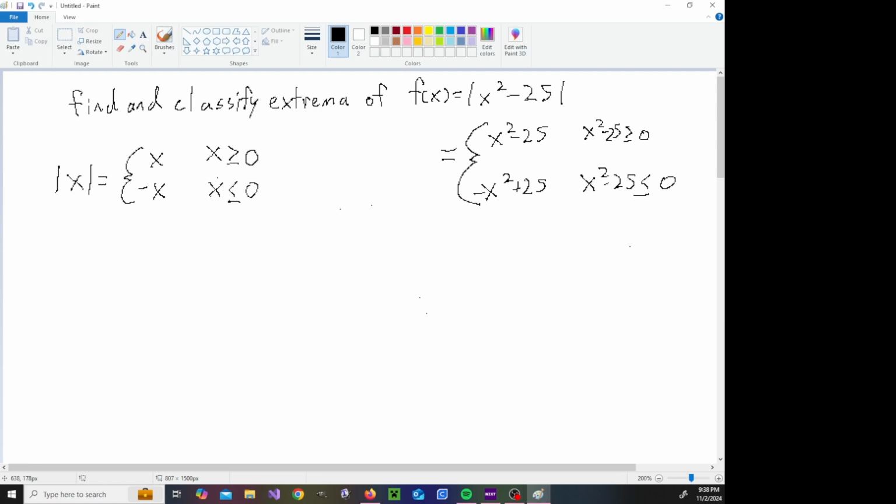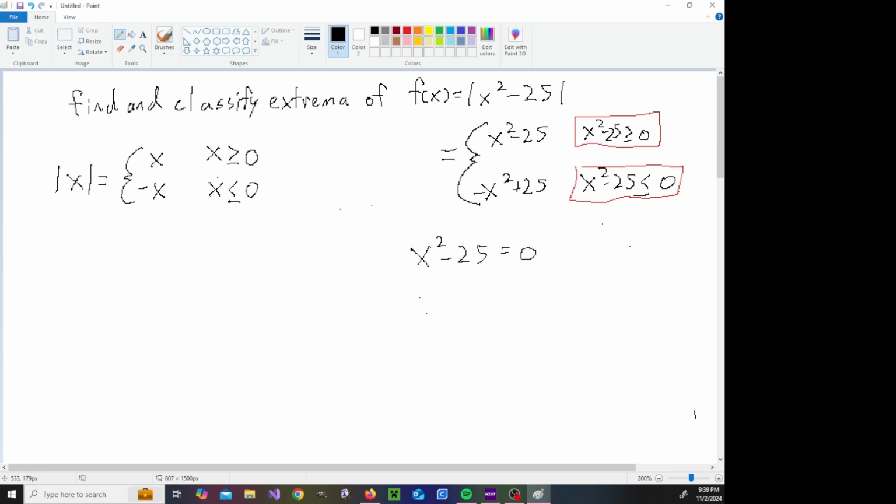However, we do really want to rewrite these conditions, to rewrite when x squared minus 25 is greater than or less than 0. Well, the thing to do here is identify when x squared minus 25 equals 0.